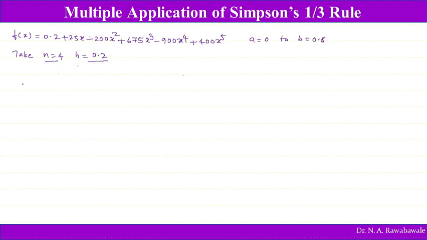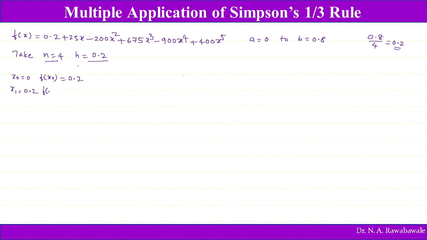Now for x0 equal to 0, f of x0, if we substitute x equal to 0 in the above equation, becomes 0.2. Now we are going to divide this range 0 to 0.8 into 4 segments. So 0.8 divided by 4, the step size is 0.2. Therefore x1 is equal to 0.2, the first step.